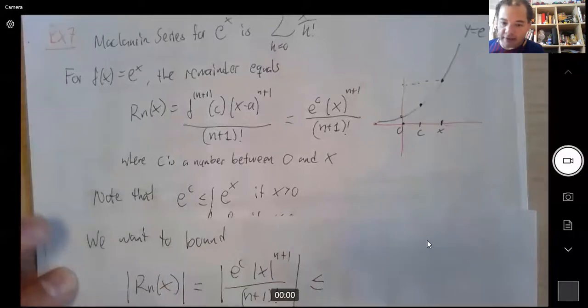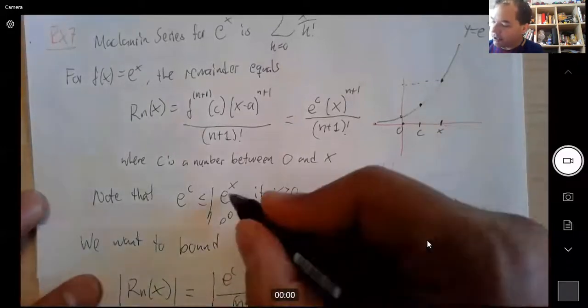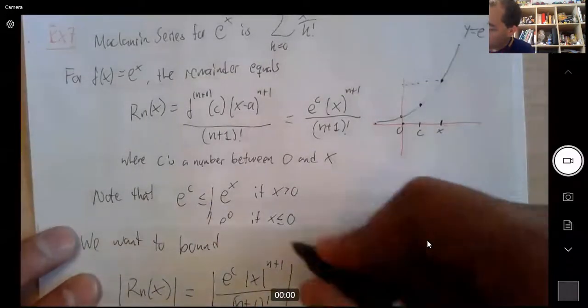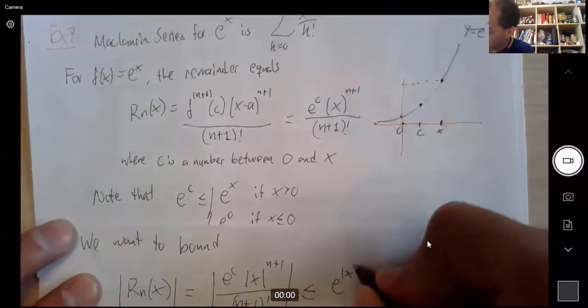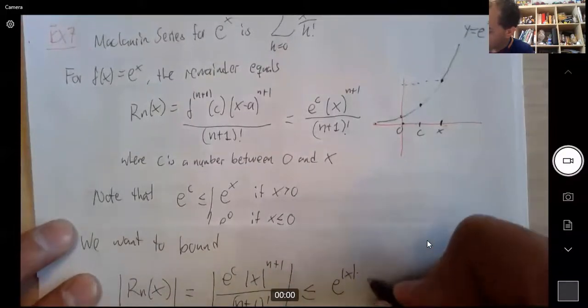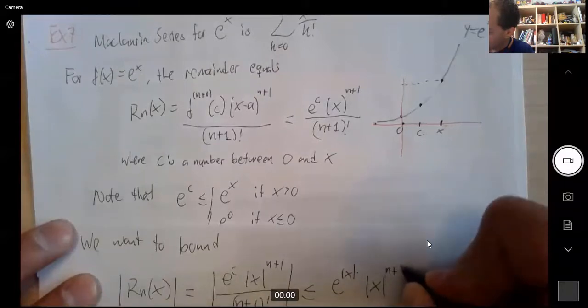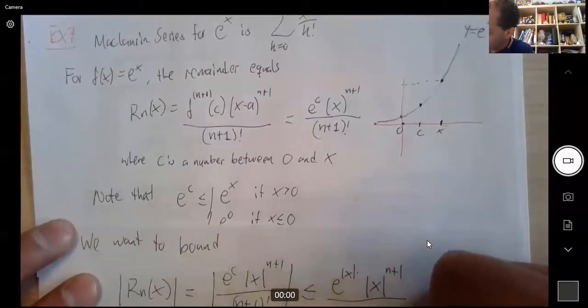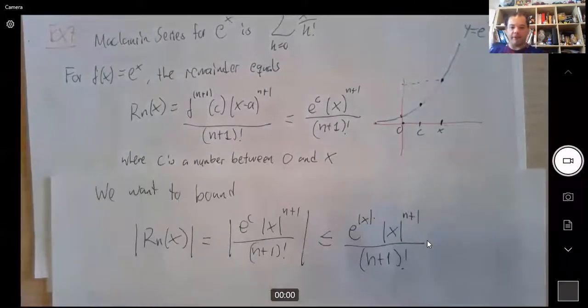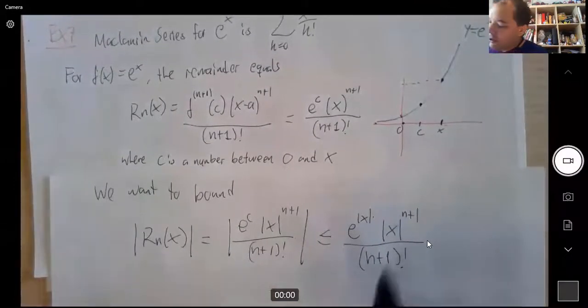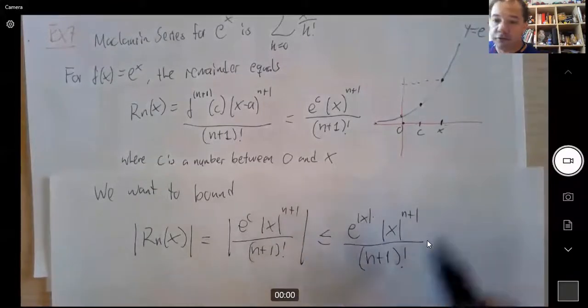And we already said that e to the c is at most e to the x, if x is positive. So this is less than e to the x times x to the n plus 1 over n plus 1 factorial. Right? Okay. Now, what I want to show is that this goes to 0.